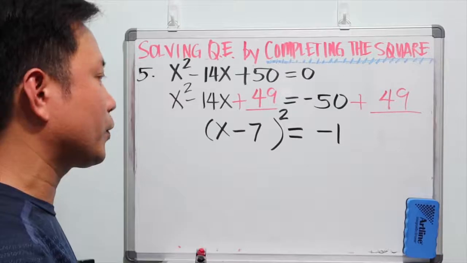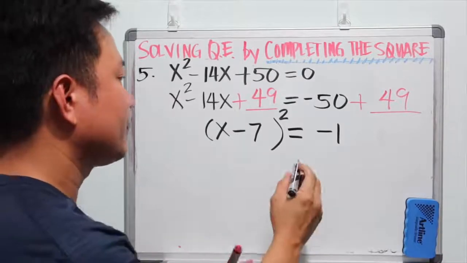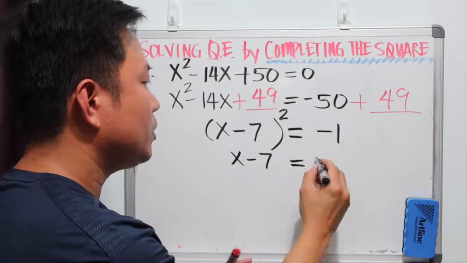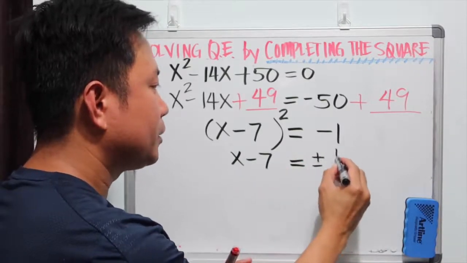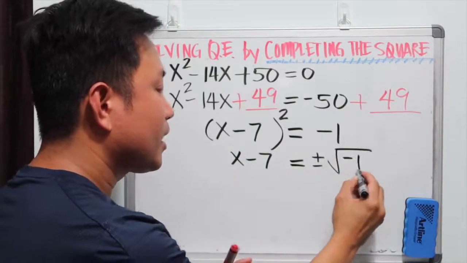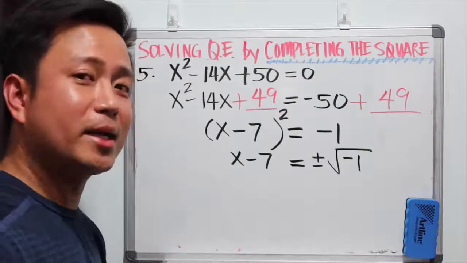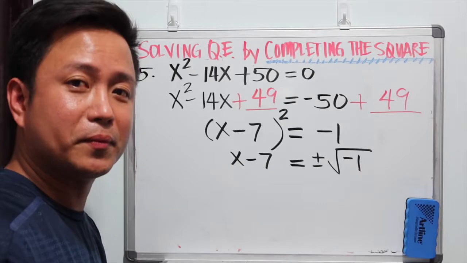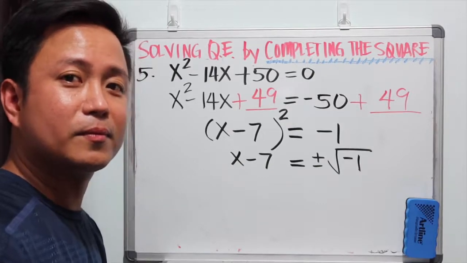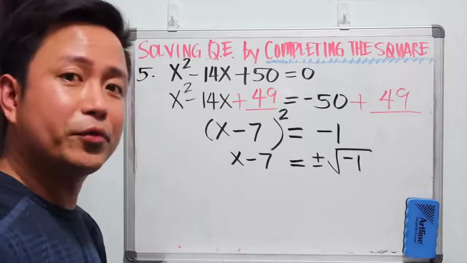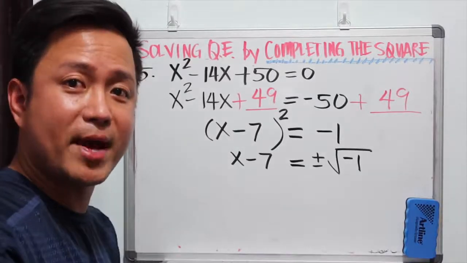When you get the square root of both sides, you will now have x minus 7 is equal to plus or minus the root of negative 1. Can you think of a number that when you multiply it by itself gives you a negative number? It's not possible, right? It's either both are negative or both positive will give you a positive answer.